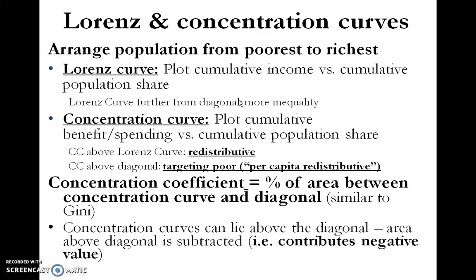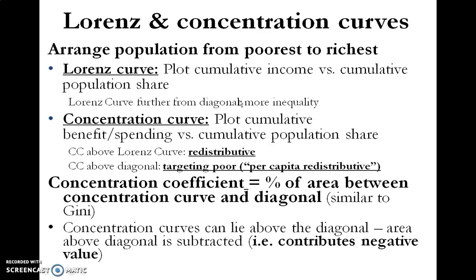Okay? Now, when your concentration curve lies above your Lorenz curve, we can consider that whatever intervention has taken place on public or social spending has been redistributive. Okay? So there has been some kind of redistribution from rich to poor.